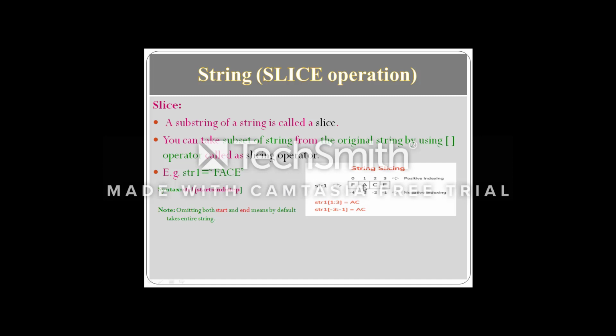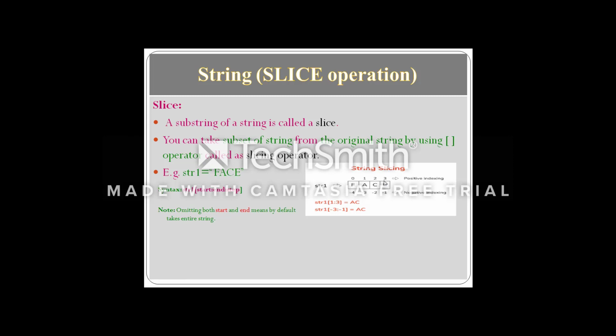Likewise, the next character A will be stored at index value 1. Likewise, the last character E will be stored at position 3. Since the index always starts from 0, the last character will always be at total characters minus 1. Here there are a total of 4 characters, hence the last character will be stored at index 3.